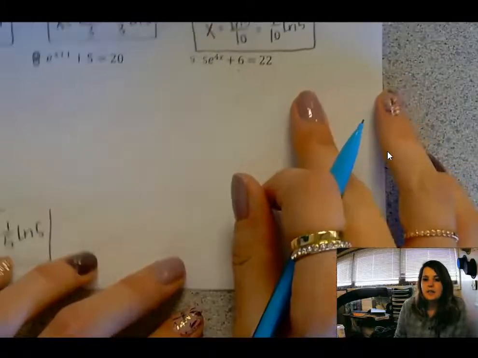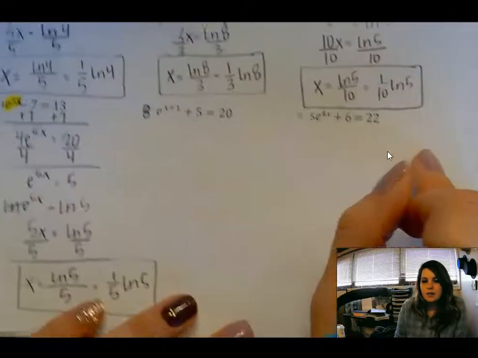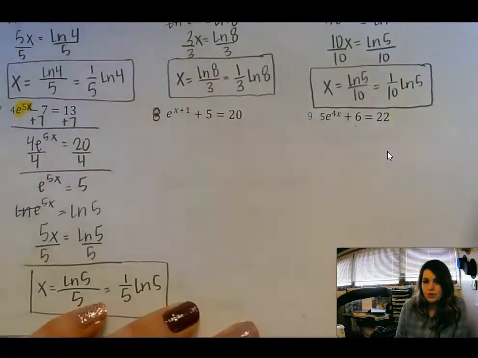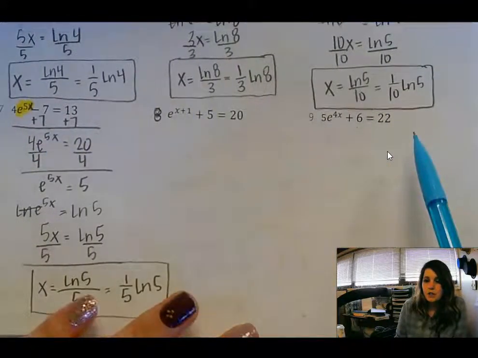Now number 9 is almost exactly the same. So see if you can follow my steps for number 7 to do number 9. I'm just going to work on it quietly.